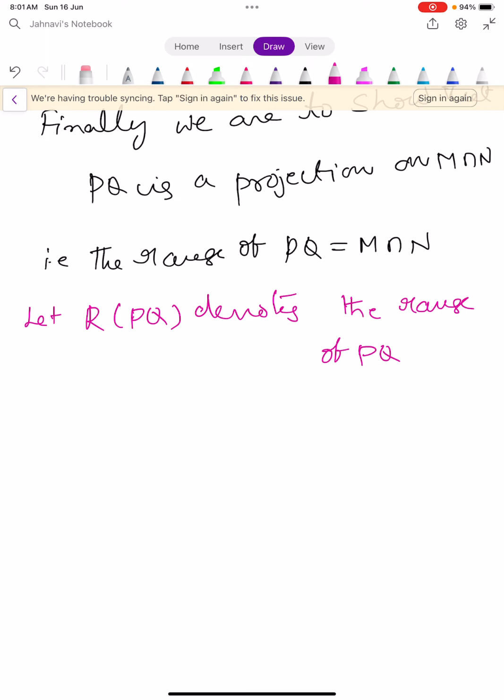Remember that capital R of PQ denotes the range of the projection PQ.